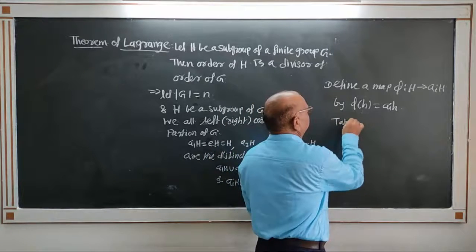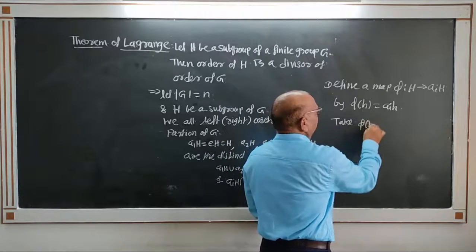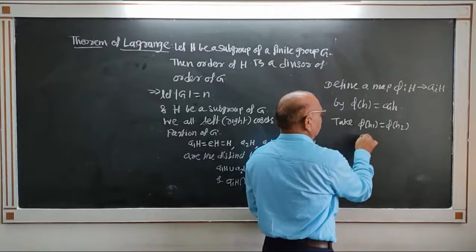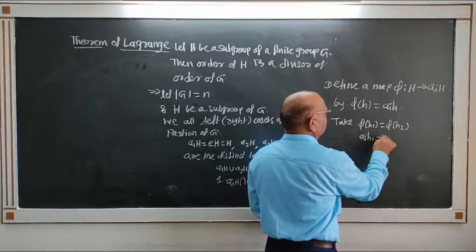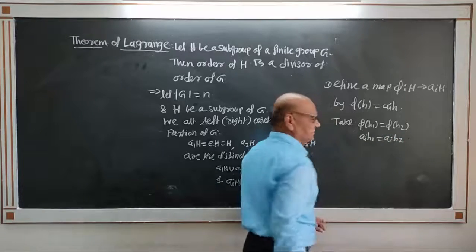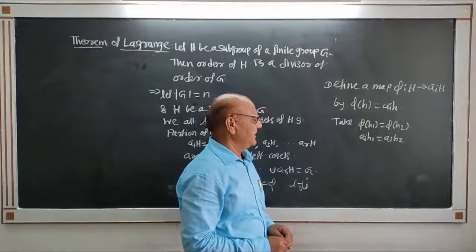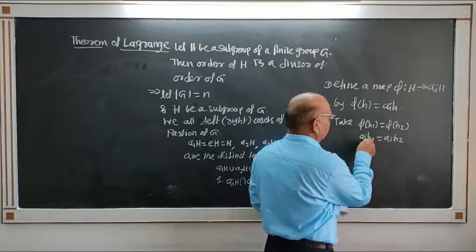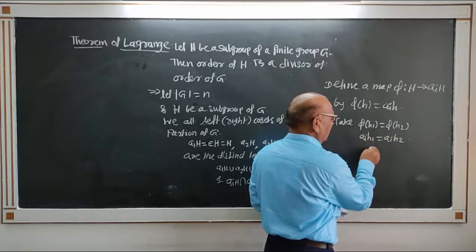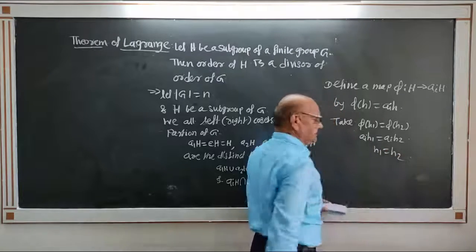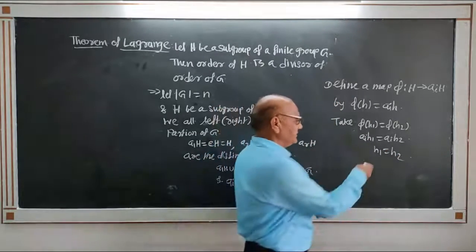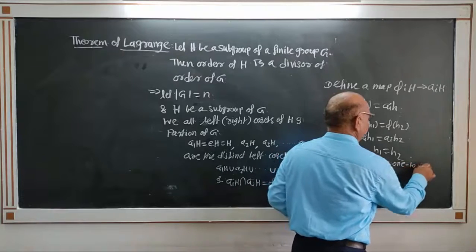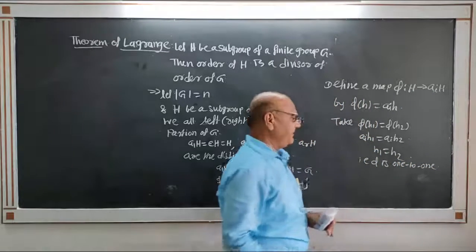Take phi of h1 is equal to phi of h2. This gives AI h1 is equal to AI h2, and by the left cancellation law this gives h1 is equal to h2. That means phi is a one-to-one map.